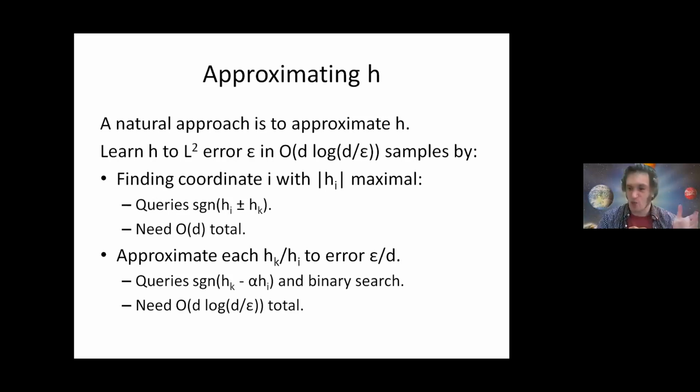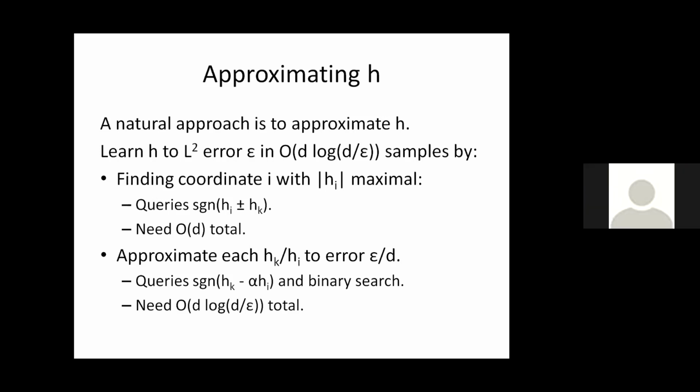So if we just do a binary search on alpha for every value of k, we can get good approximations to each hk. If we do something like log d over epsilon queries for each coordinate, we'll learn every coordinate to very good accuracy. And we need to do that d times, once for every coordinate. So we need a total of something like d times log d over epsilon queries. Are there any questions about this?